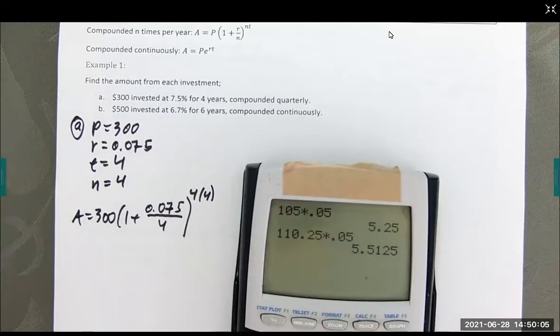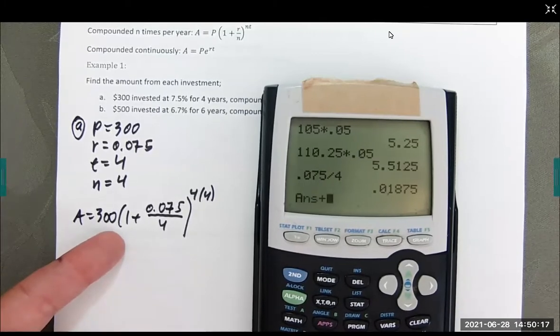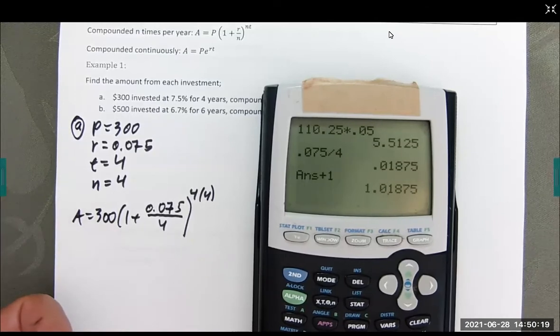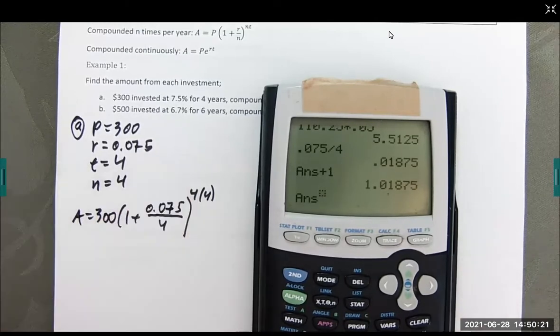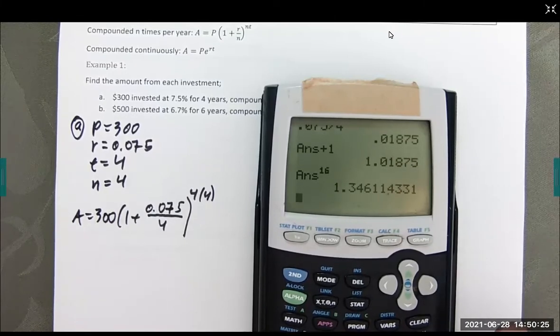We need to follow order of operations with our calculators here. So we're going to start inside the parentheses, and inside the parentheses, we're going to do the division first. So 0.075 divided by 4 plus 1, raised to the 16th power, and then times 300.